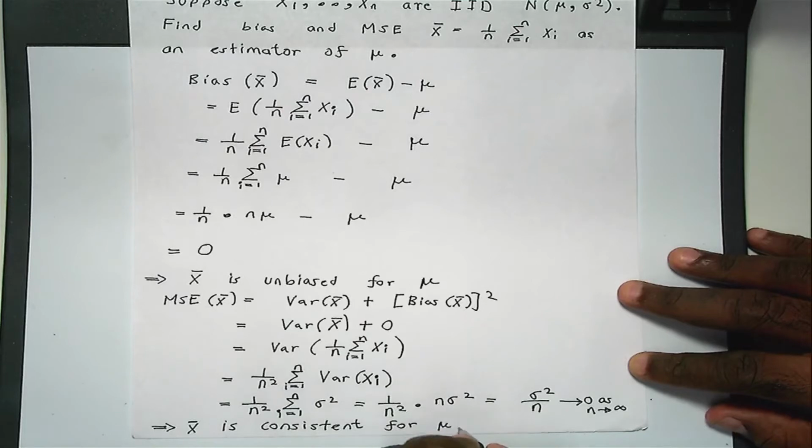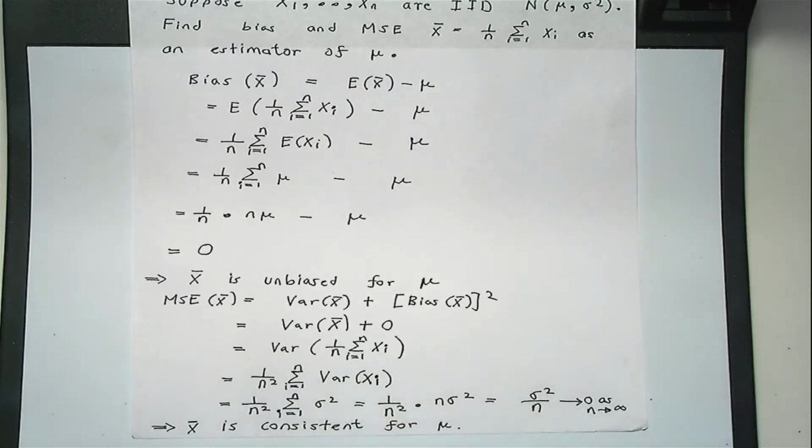That's because the MSE, remember the definition of consistency, it says that an estimator is consistent if the limit of the MSE is 0 as n approaches infinity, which is the case here. So that's just example 1.